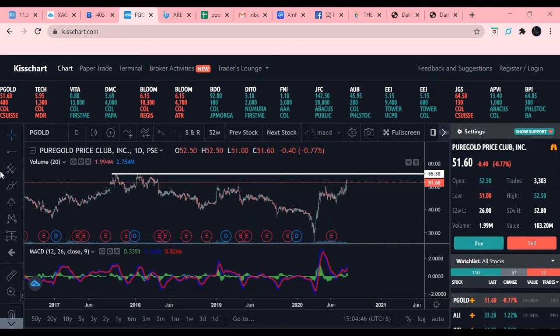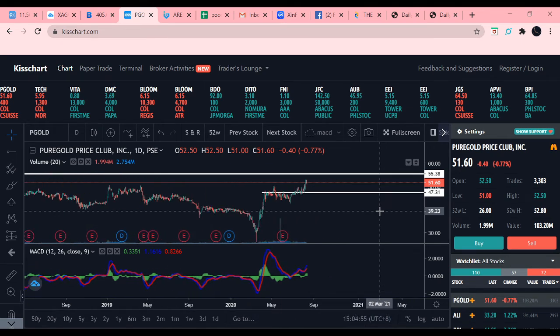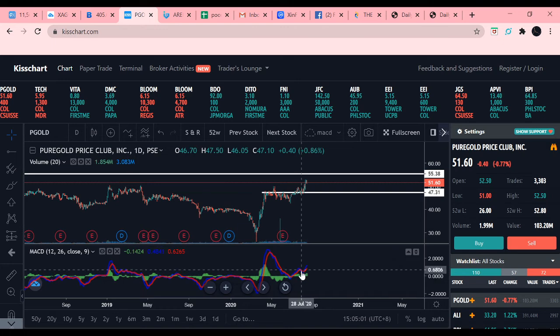And then of course support is this area. Tinitingnan ko lang kung may, yeah, nag-cross siya and it's going up eh. So, possibly, retest this area.